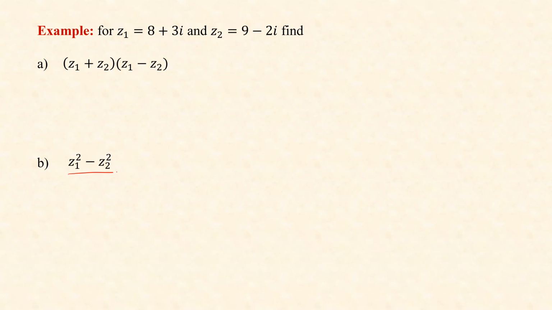But here is an example. We want to find these two. So we found Z1 plus Z2, which was 17 plus I. And Z1 minus Z2 was negative 1 plus 5I. Right? And then if you multiply these two, you get negative 17 and negative 5, and then plus I times, you have a negative 1 and 17 times 5.